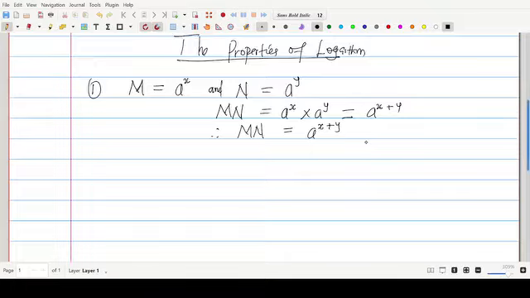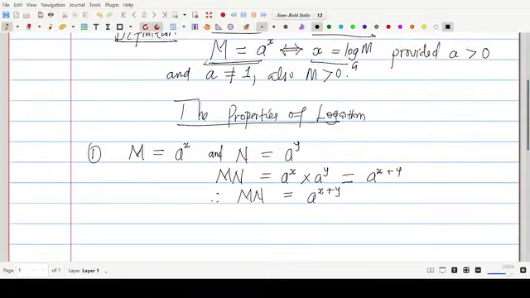Now, seeing this, from the definition we have given, the equivalent form of this should be written as this. So we can have x plus y equals log to the base a of mn. This should be the equivalent form of this expression over here. Can you see that?